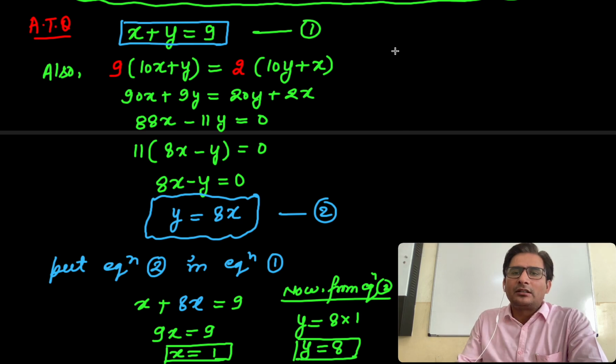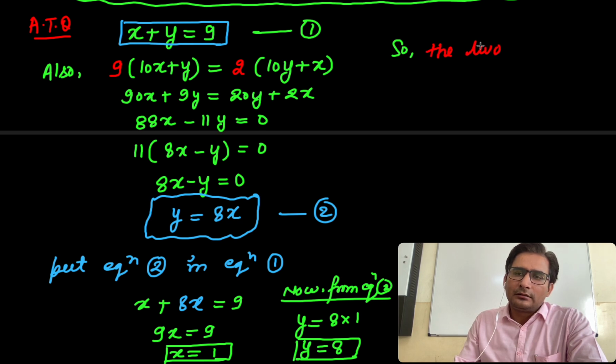So what is that number? So the 2-digit number is, anyone? 10 into 1 plus 8. Yes, it is. The number we have let is xy.